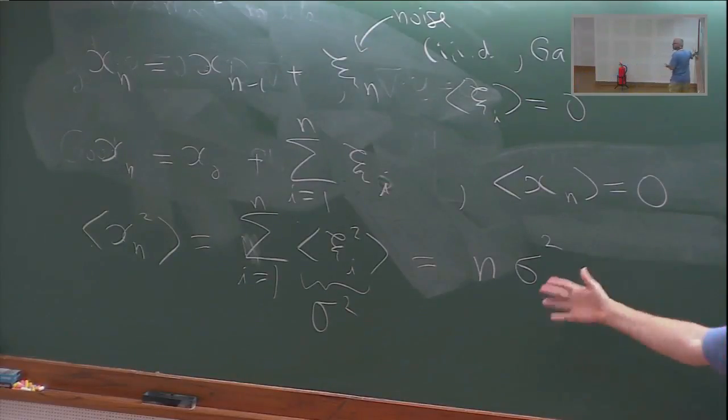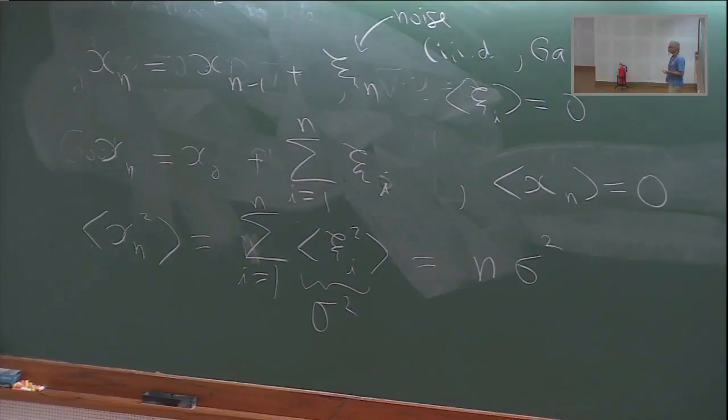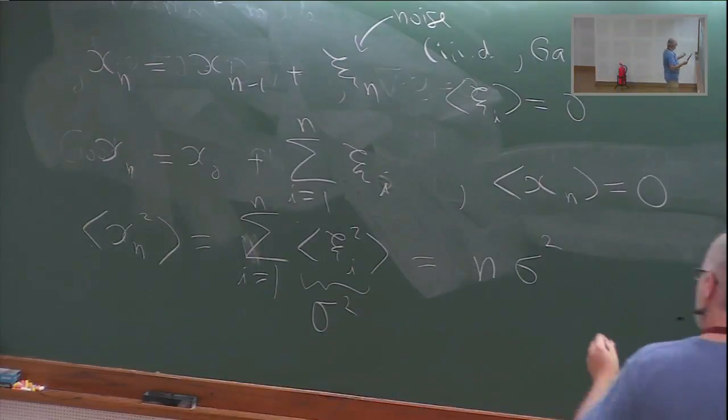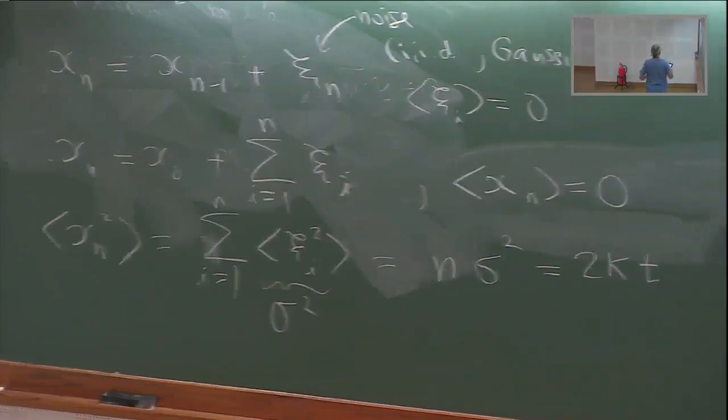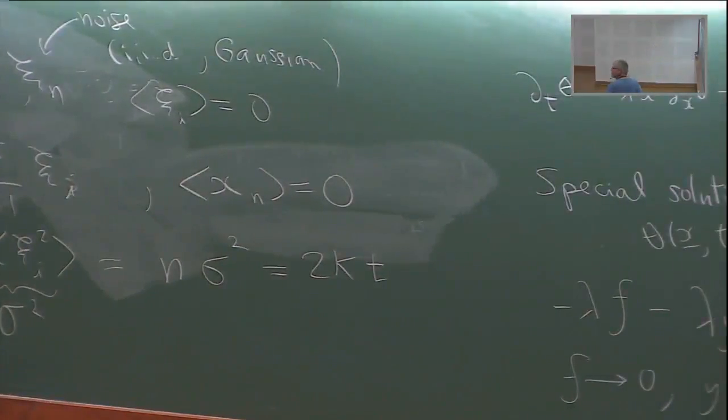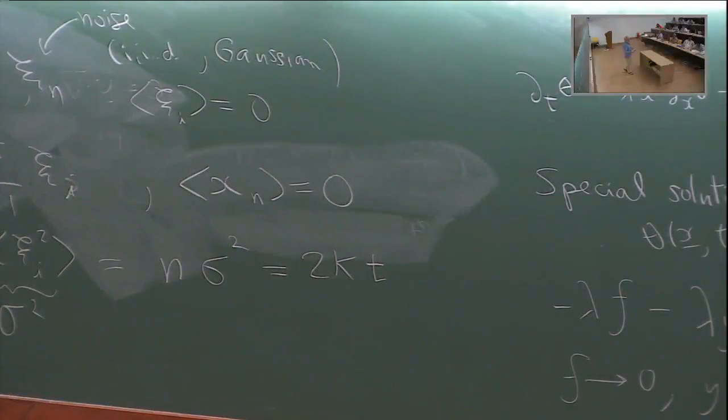But then I can actually use this to back out an effective diffusivity. I just use the usual definition of the fact that as a function of time, the mean squared displacement grows as twice times some diffusion constant times t, where t is some time.